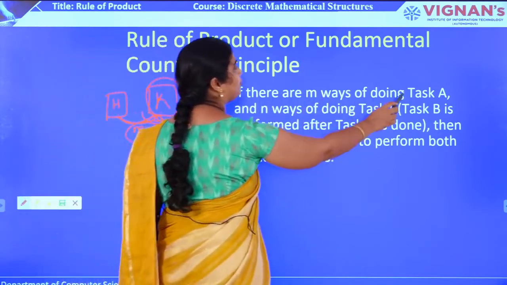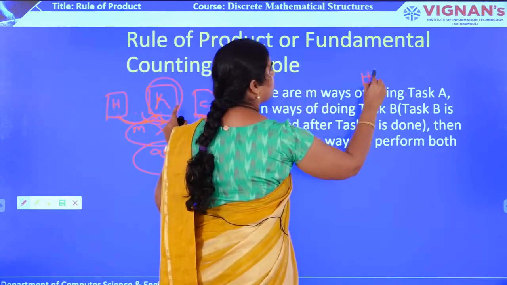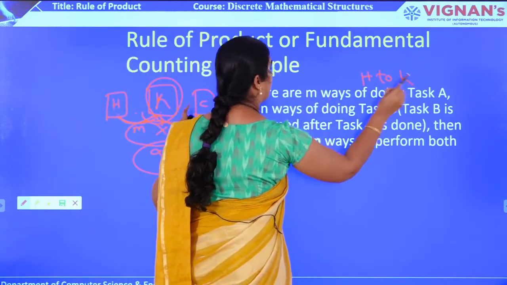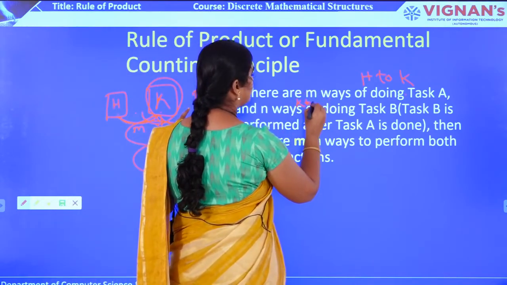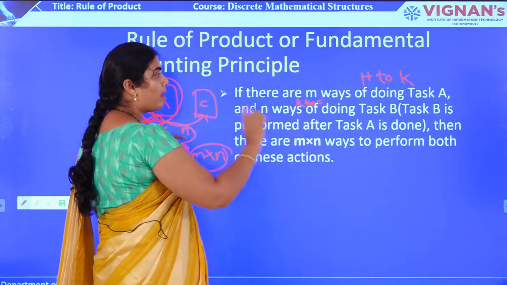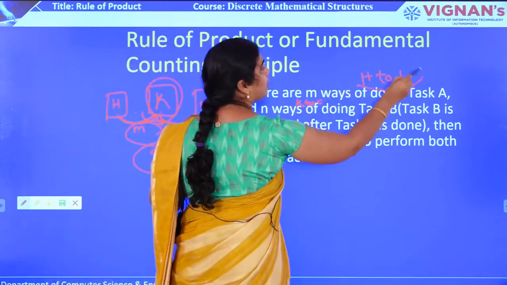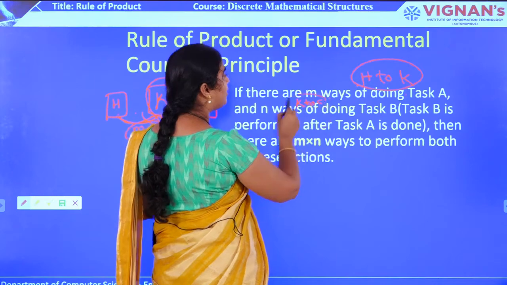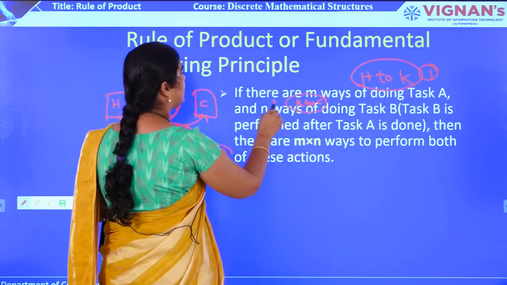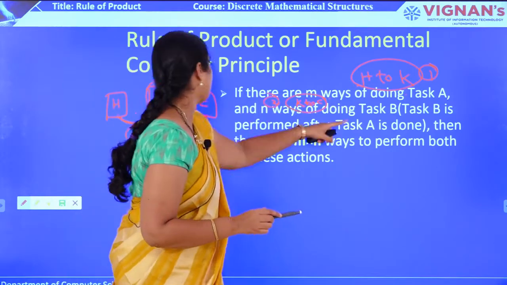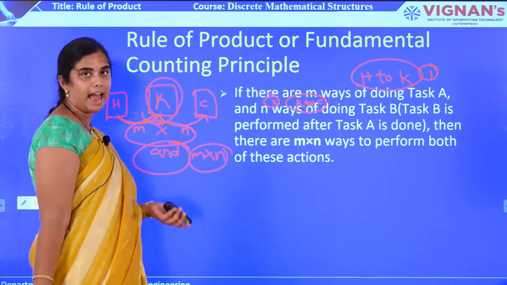If there are m ways of doing task A, that means traveling from H to K is task A, and n ways of doing task B, K to C is task B, provided task B is performed after task A. H to K you need to travel first in order to travel from K to C. So this is the first task and this is the second task. Then there are total m into n ways to perform both these actions.